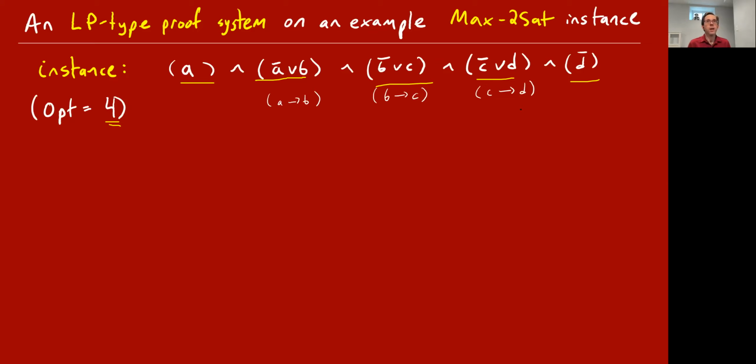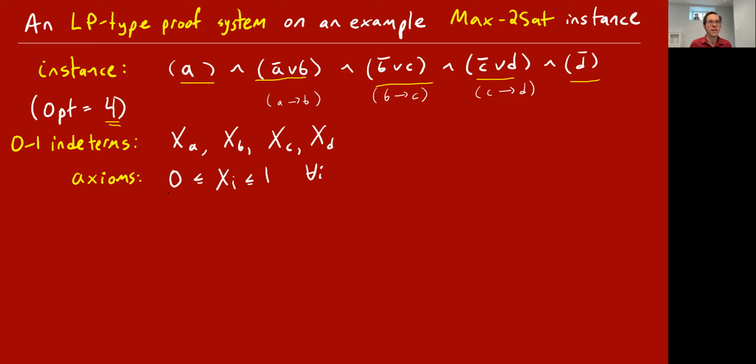Okay, great. So we might try to use a proof system to establish an upper bound on the number of simultaneously satisfiable clauses, if we were not smart enough as humans to just see that the answer is 4. So we're going to again have 4 indeterminates here, standing for the 0, 1 truth assignments to the 4 variables.